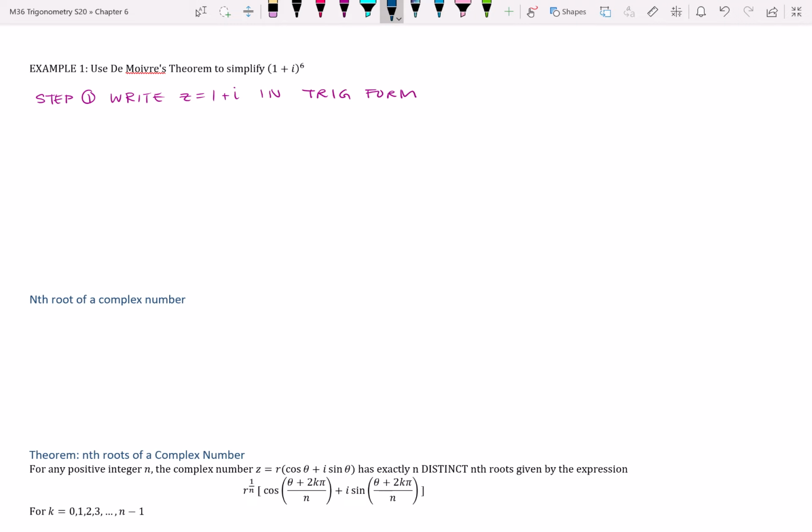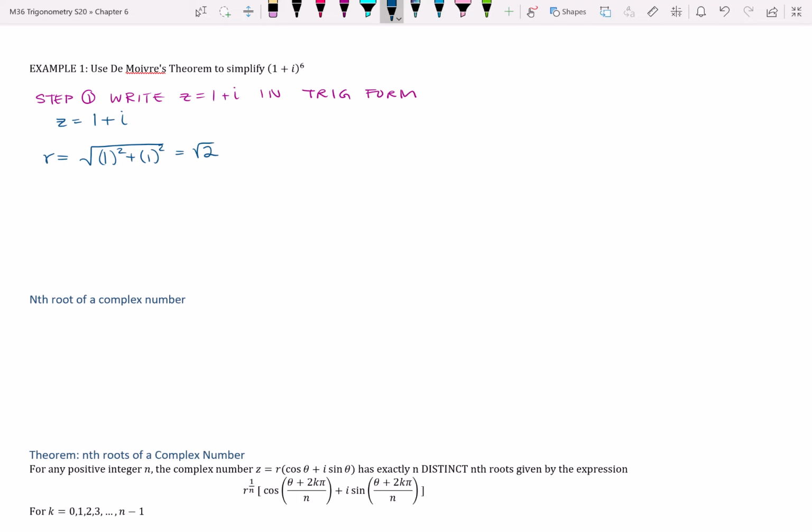Again, we have z equal to 1 plus i. So we have to find our modulus and our argument. We know that r is equal to the square root of 1 squared plus 1 squared, which is equal to the square root of 2.